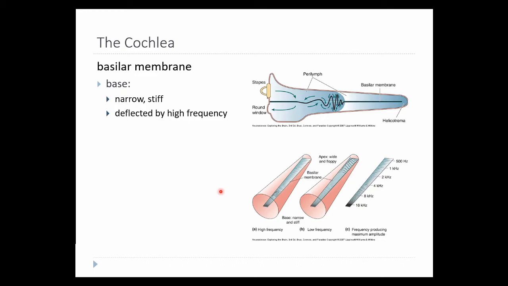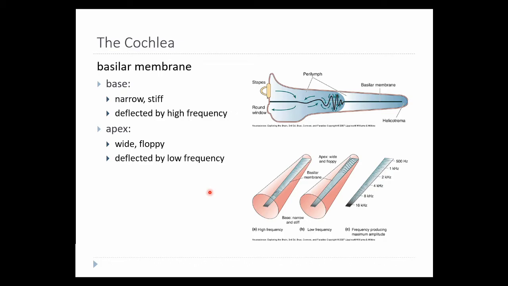And simply because of its shape, the maximum deflection a given sound can cause in the base is higher for higher frequency sounds, whereas the apex, the other end of the basilar membrane, is wider and a little bit floppy, meaning that it's easier for it to deflect. And so lower frequency sounds can cause a greater deflection of the apex.